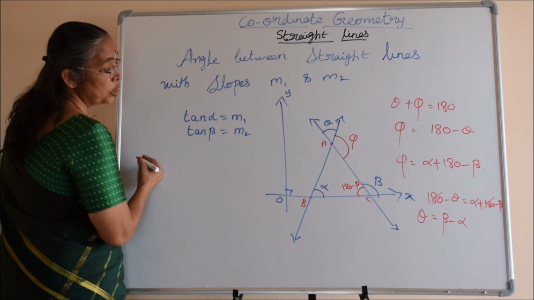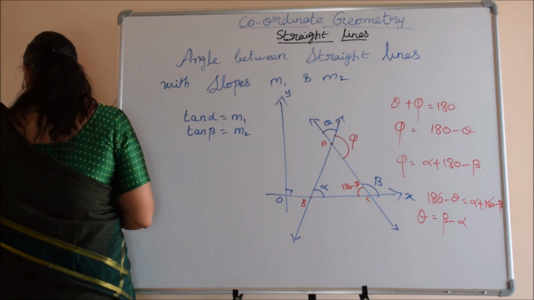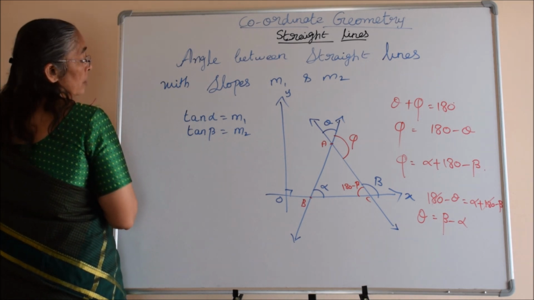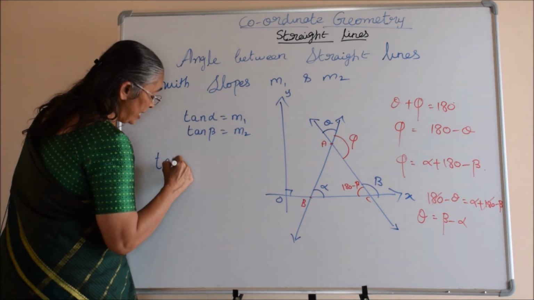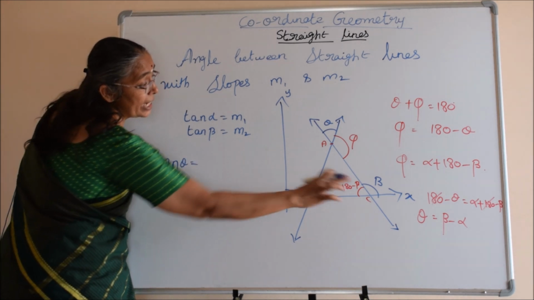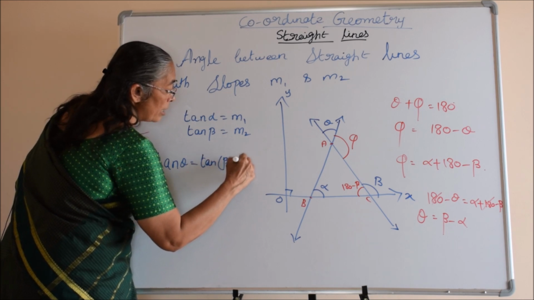Now, we need the tan theta value. So, tan theta is tan of beta minus alpha.